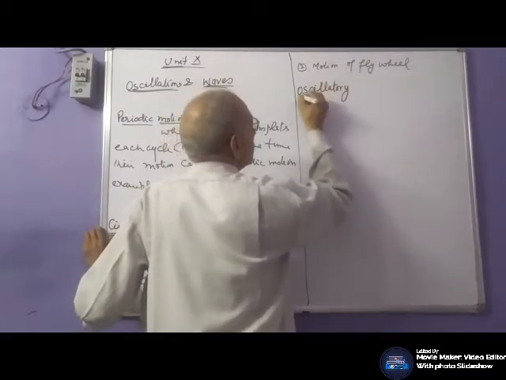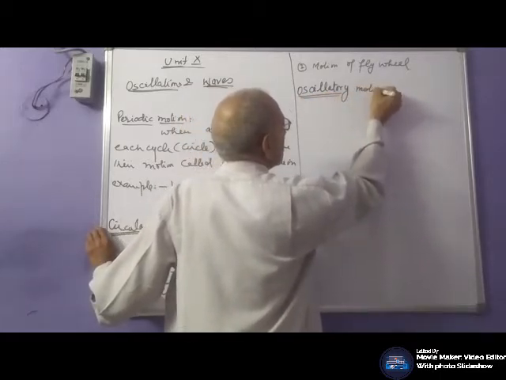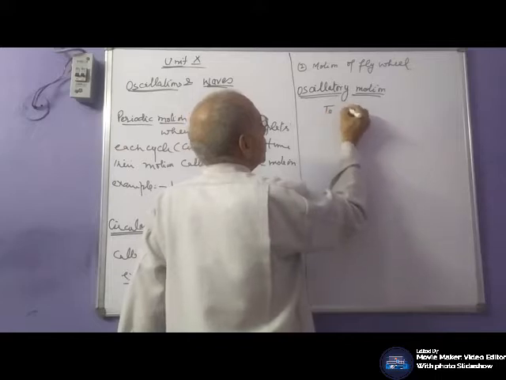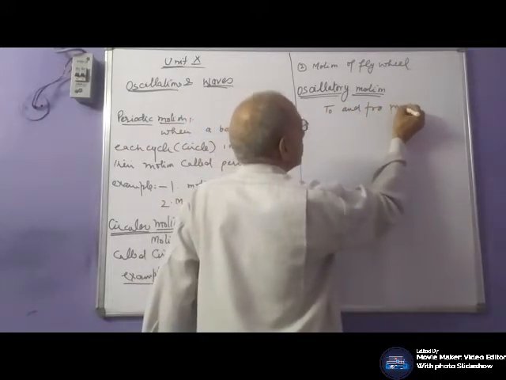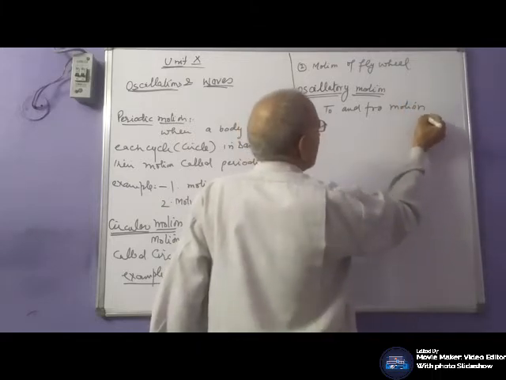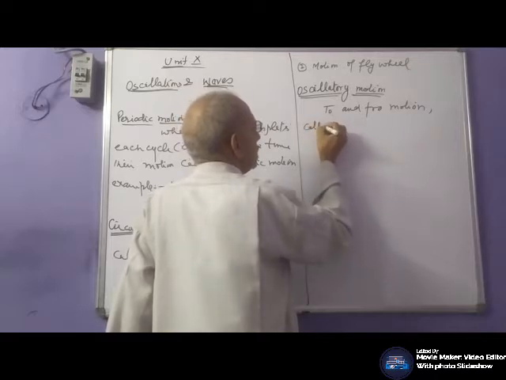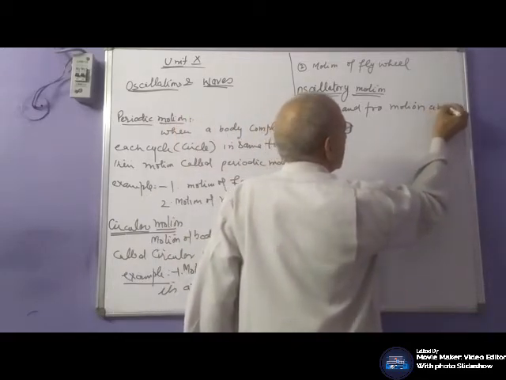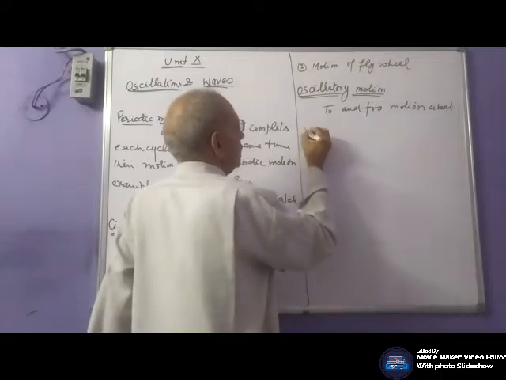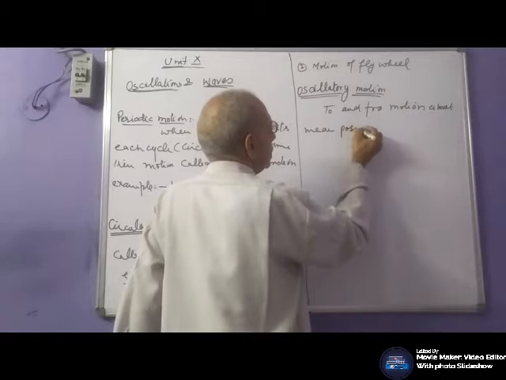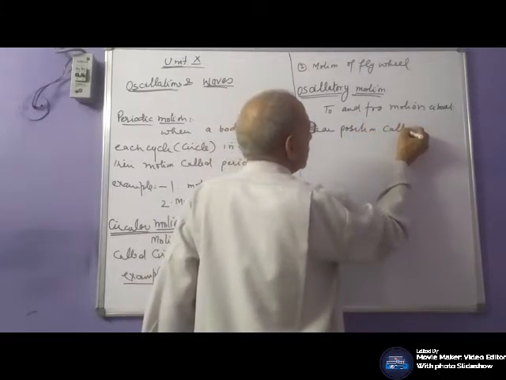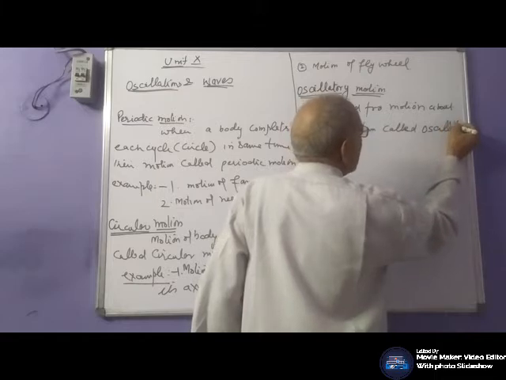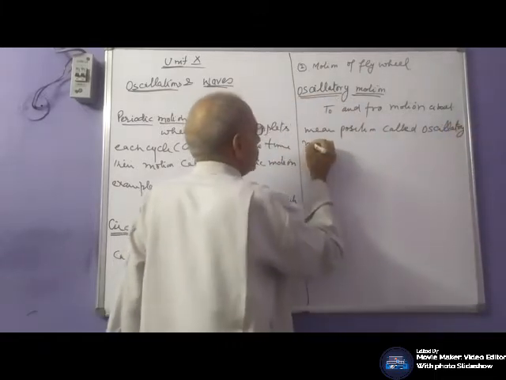Oscillatory motion, to and fro motion about the mean position, is called oscillatory motion.